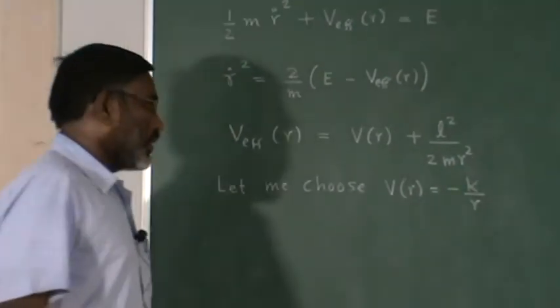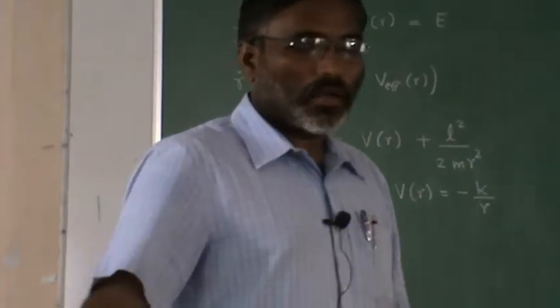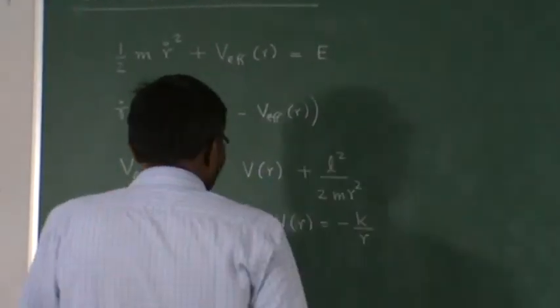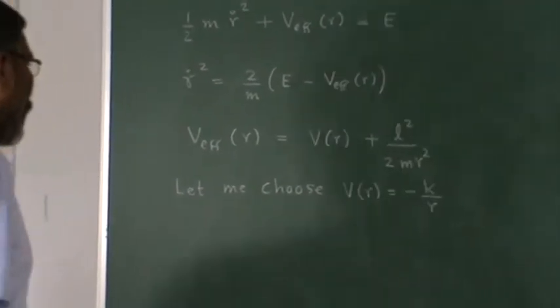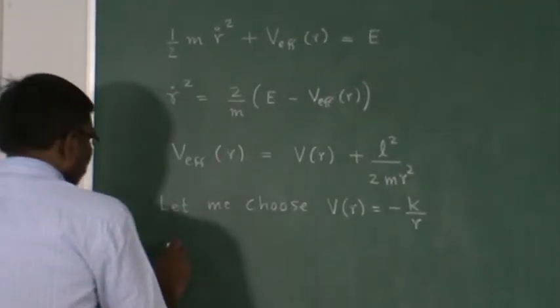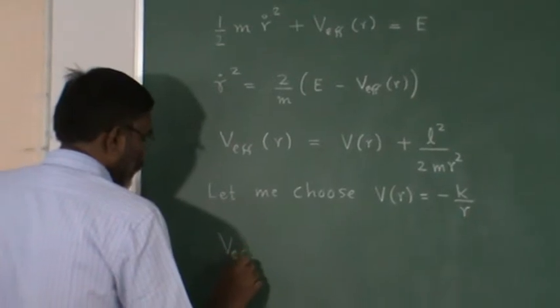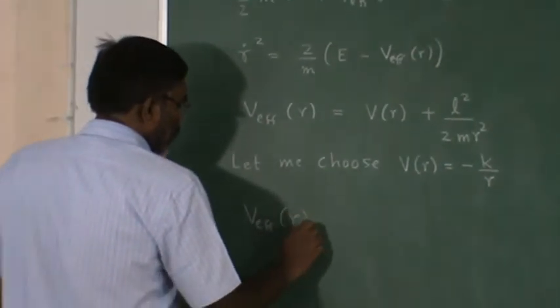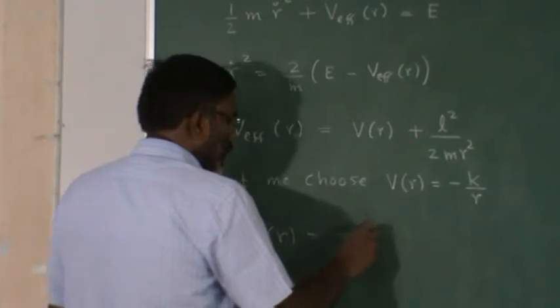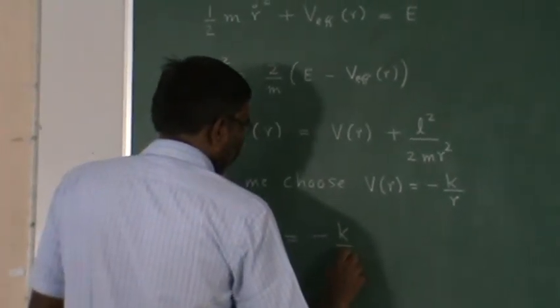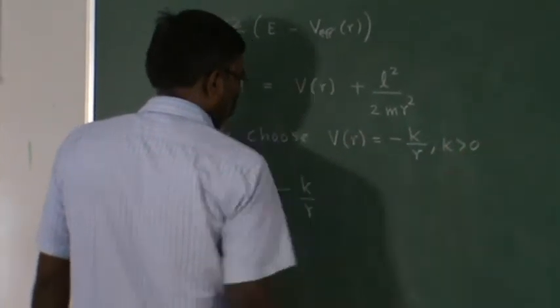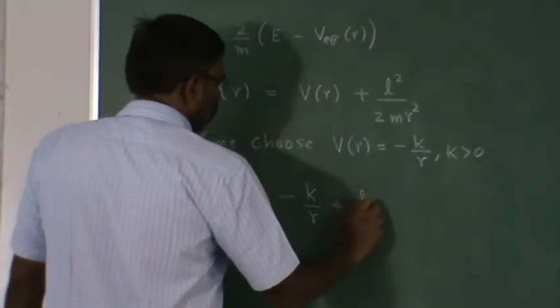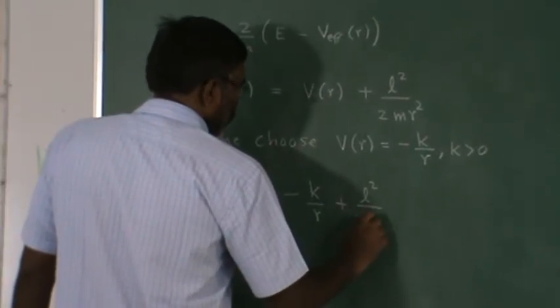This is the potential which Naina has used in the fourth session. This corresponds to an inverse square law force, like gravitation. Then this effective potential is equal to minus K by r, where K is a positive constant, plus L square divided by 2m r square.